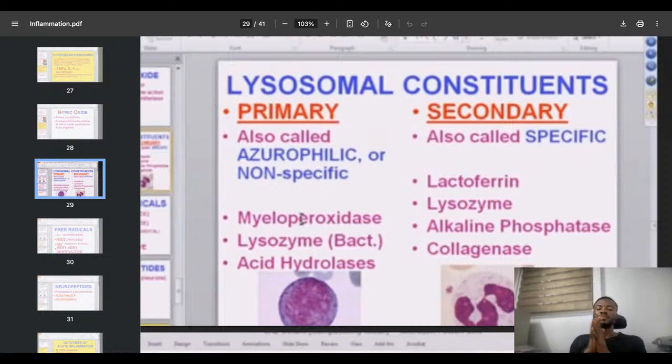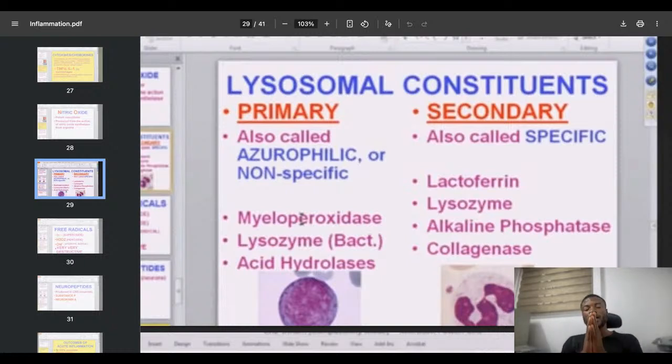That means that irrespective of what type of substance or organism or dead cell the neutrophil has phagocytosed, these primary lysosomal constituents will act on them. So it is the same for them.